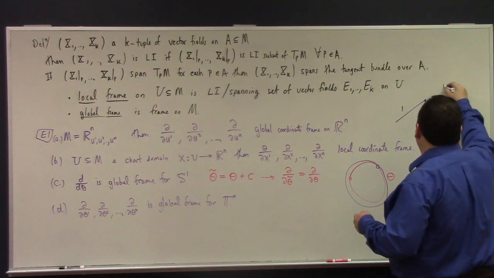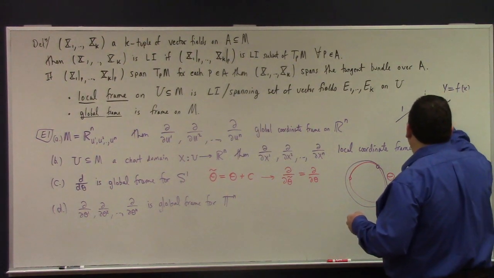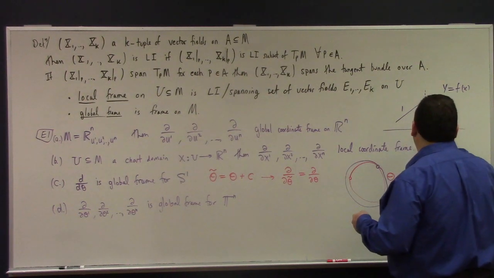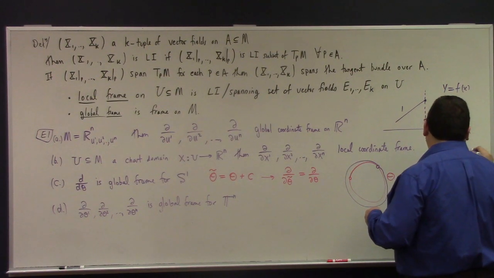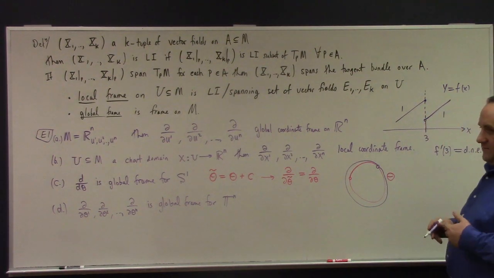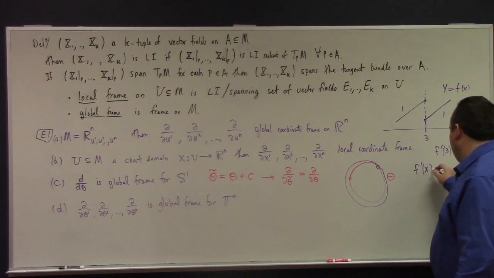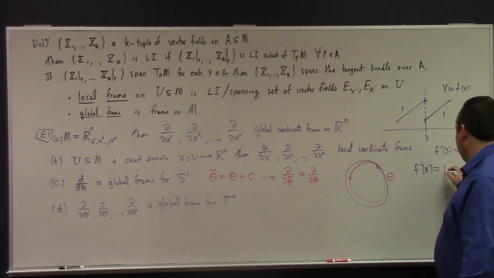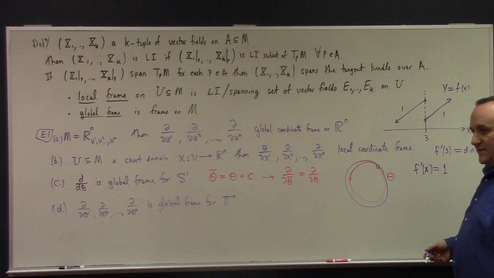If this is y equals f of x, and this point right here is, let's say, 3, then technically f prime of 3 does not exist, right? But if you were to take f prime of x, what do you have? f prime of x is equal to 1 for x not equal to 3.